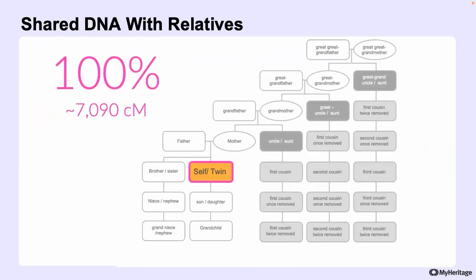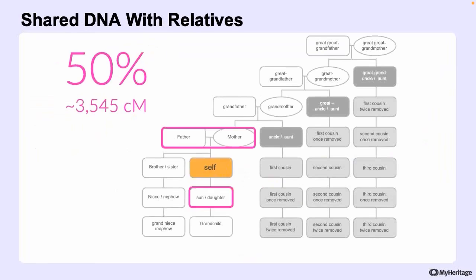Okay, so now we talked about DNA and the amount of DNA that we share. Now let's see how it indicates a relationship with a person. So let's start with 100% DNA. Let's start with myself. The 100% DNA actually represents the amount of DNA that I have in total.